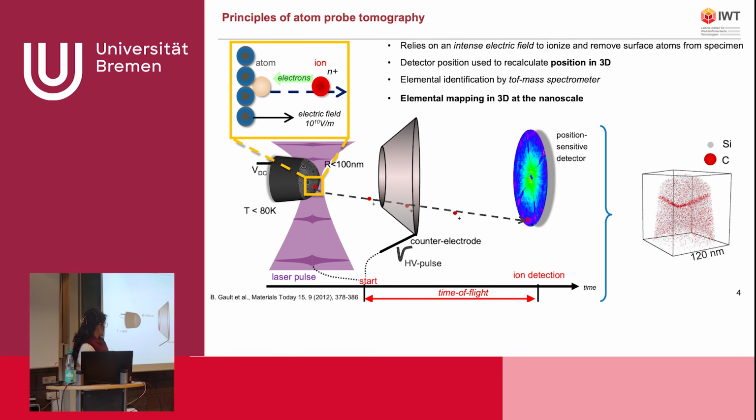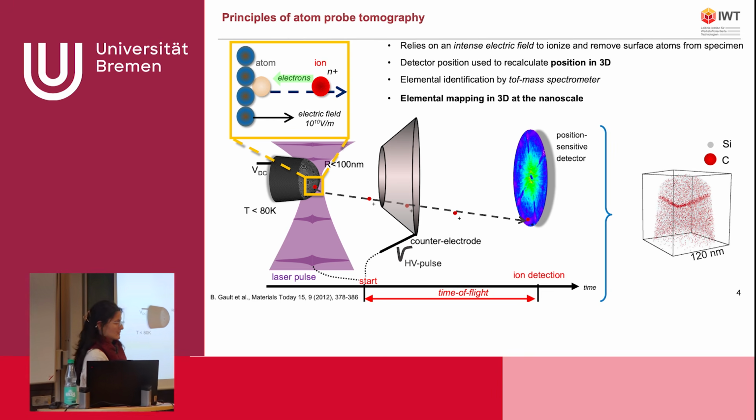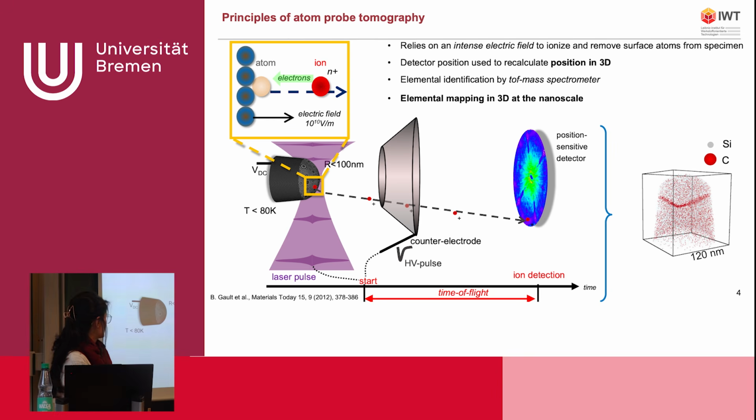This voltage is positive and we have the negative voltage here in order to create a potential and in the end ionize the atoms at the surface of the sample and then eject the ions thanks to the reverse potential, and the ions that are emitted from the sample are detected thanks to this position-sensitive detector.